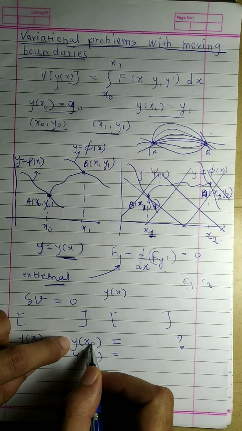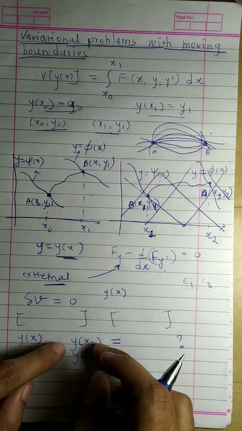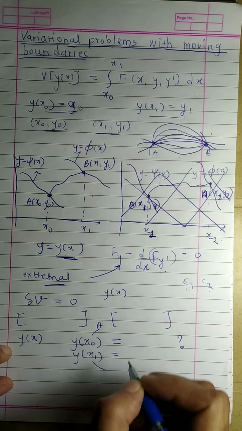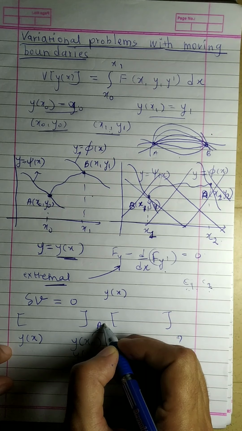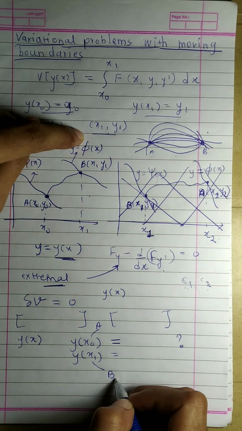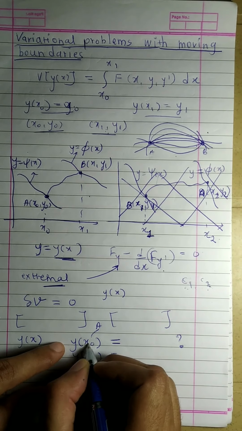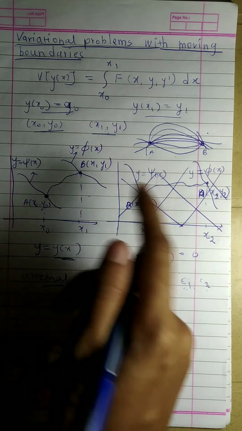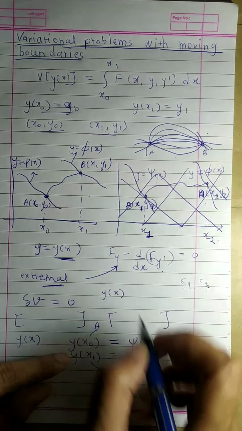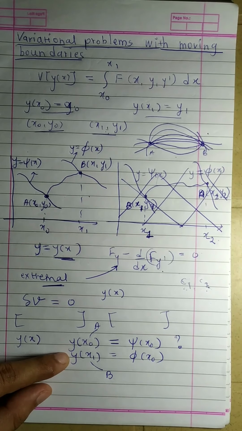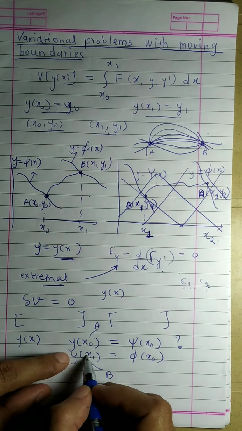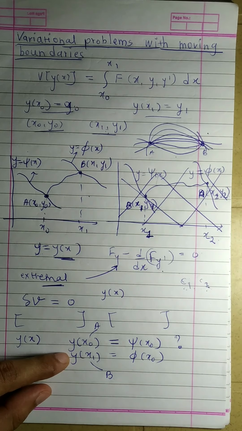This y at x naught, meaning the first end point, suppose x naught and x1. This is point A and this is point B. Point A is allowed to move on xi of x and point B is allowed to move on phi of x. So this y at x naught will lie on the curve xi of x, and y at x1 will lie on phi of x. So it will lie somewhere on this curve, these two endpoints of the extremal curve.